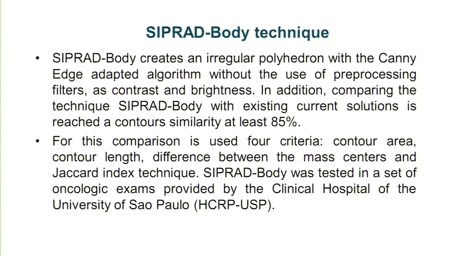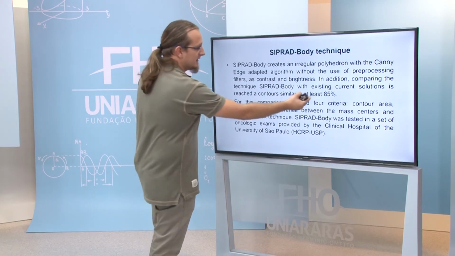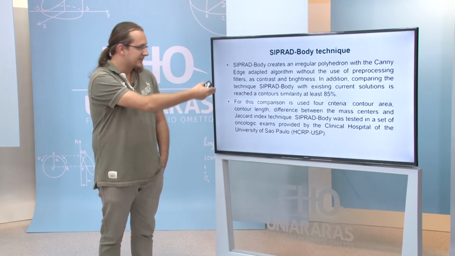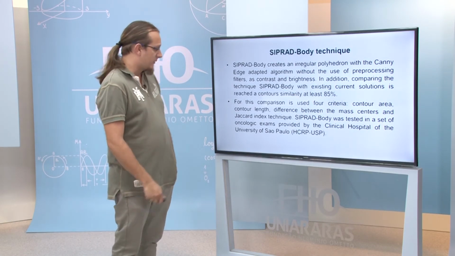without the use of pre-processing filters such as contrast and brightness. In addition, comparing the SIPRAD body technique with existing current solutions, it reaches contours similar to human doctor skills by at least 85%. It's a good result for this project.